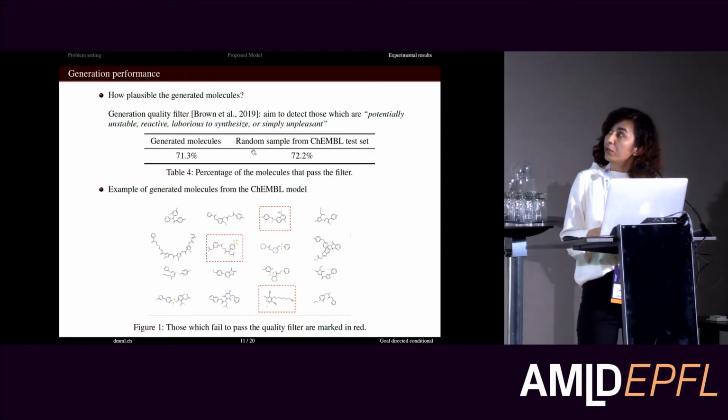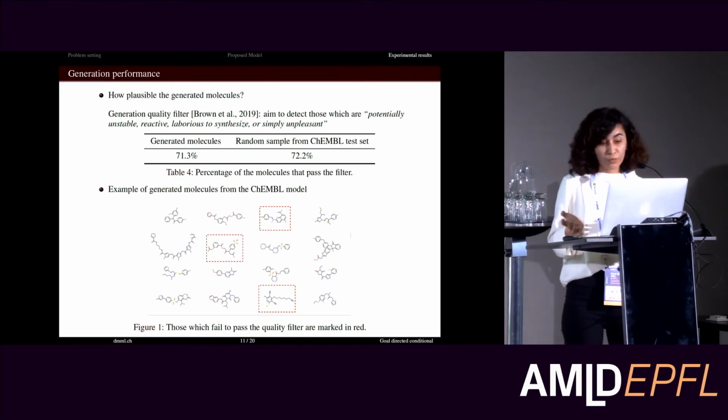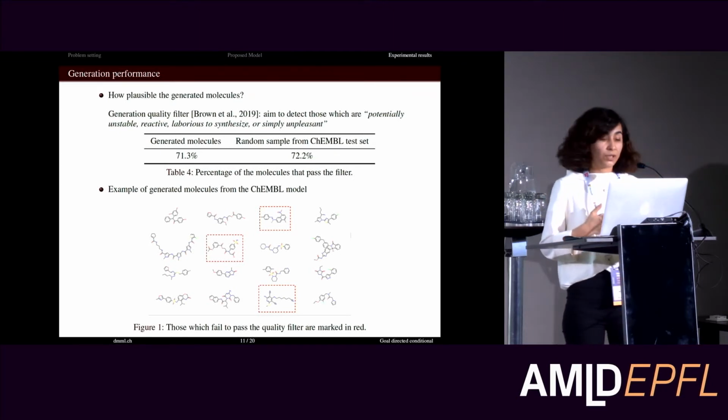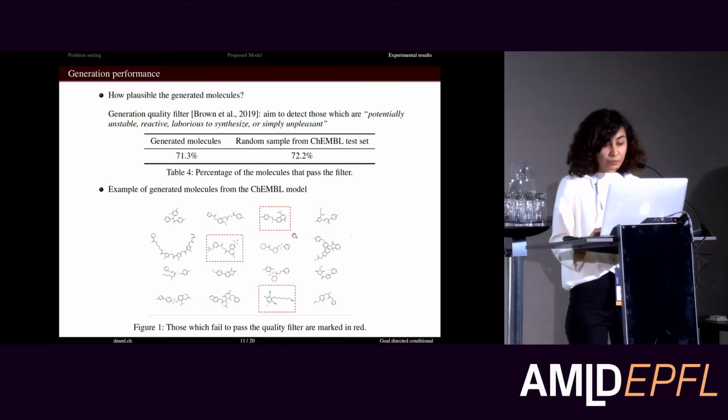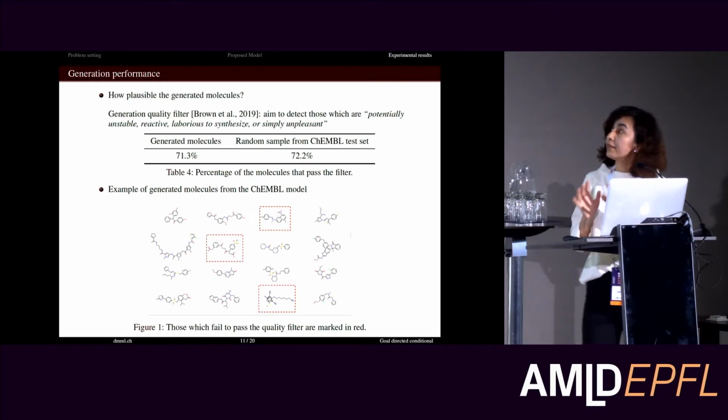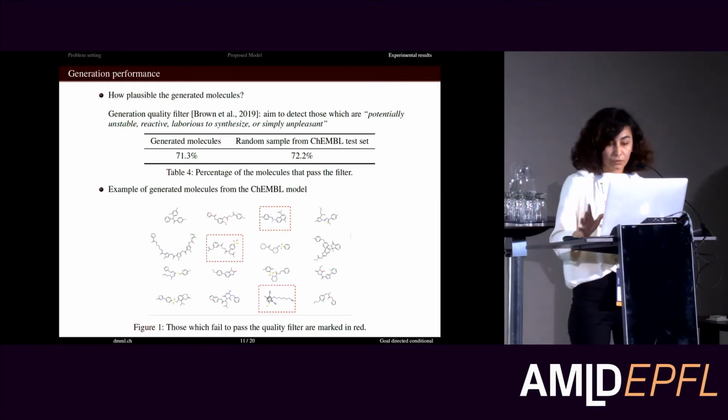And we have actually quite a close success rate. So we assume that the model actually learns to generate the same quality of molecules as the test data, or the underlying data. And this is a sample of the molecules that the model is able to generate. Among 16, the red box ones are the ones that didn't pass the filter, but the rest were okay.